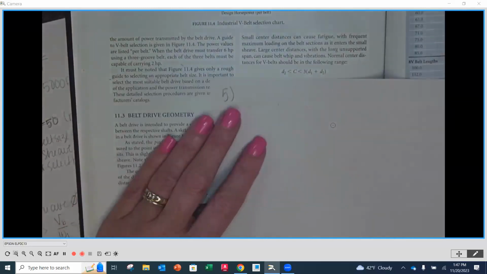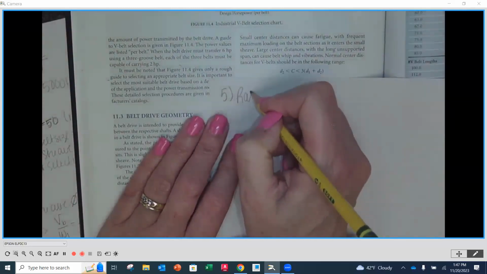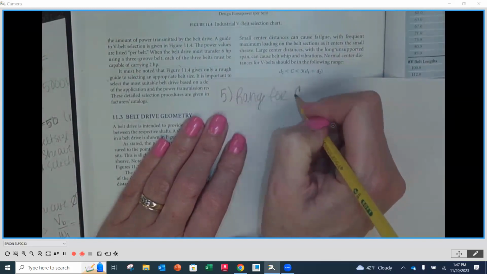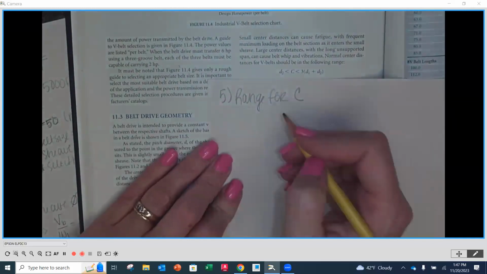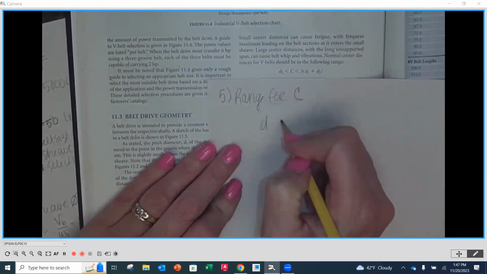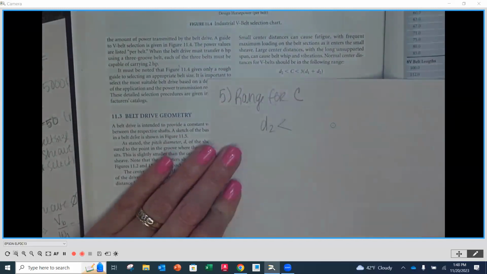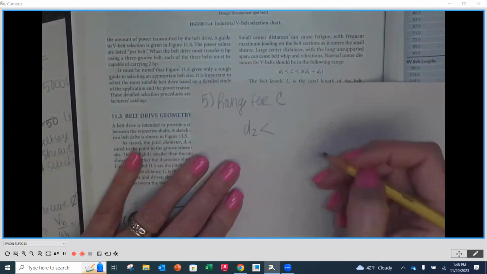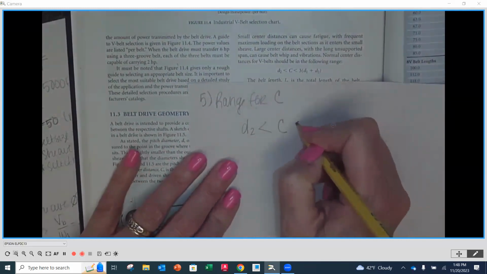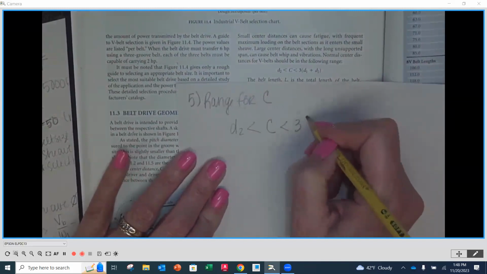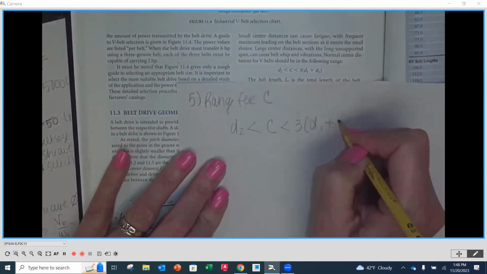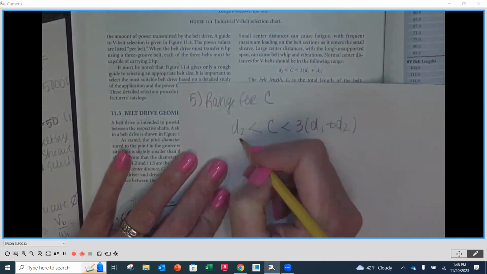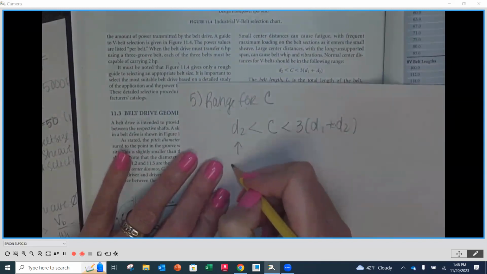We want to find the range for C, which is our center distance. We know D2 is going to be the smallest number. The center distance has to be a little bit larger than the diameter of our driven sprocket, or driven sheave. And our C has to be less than 3 times D1 plus D2.